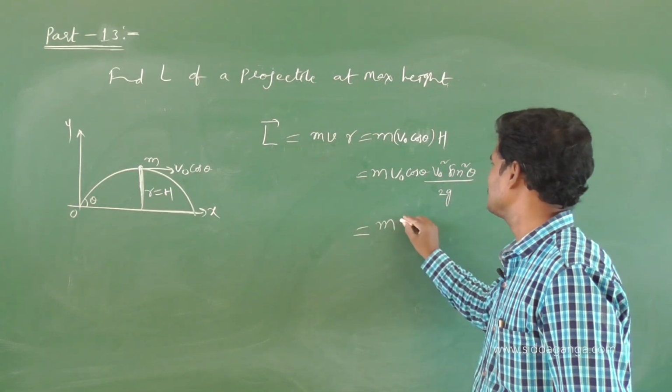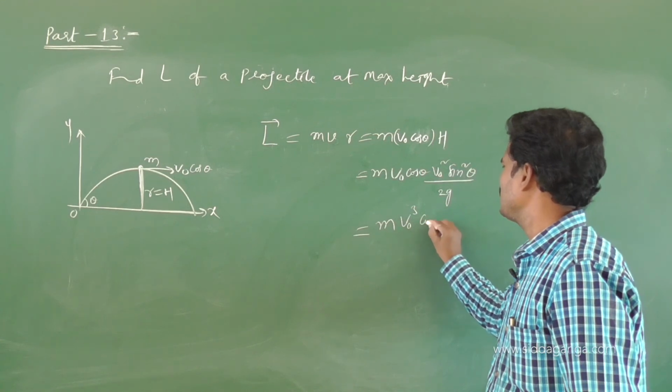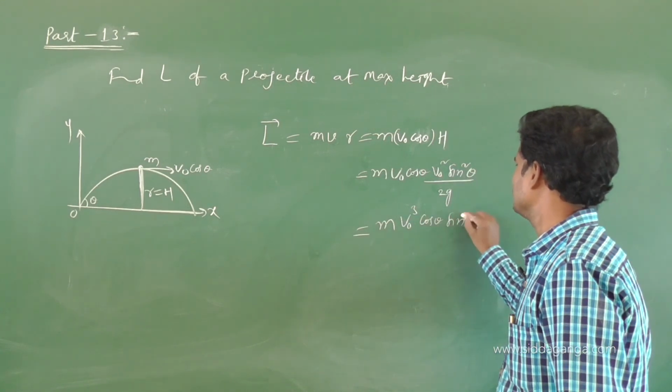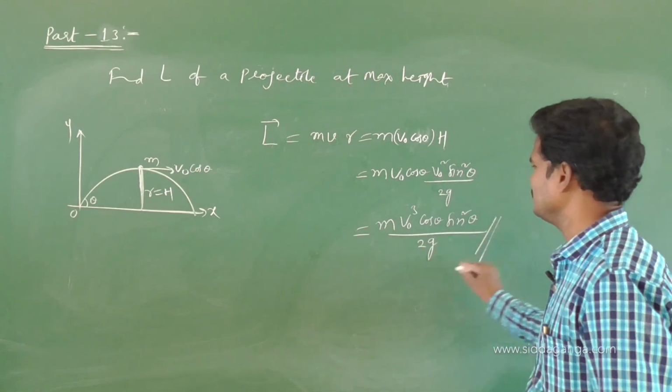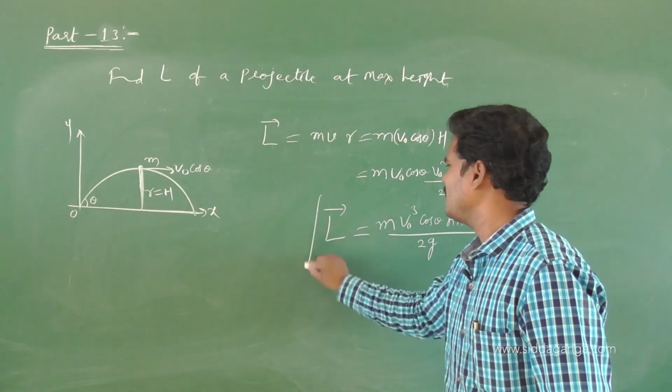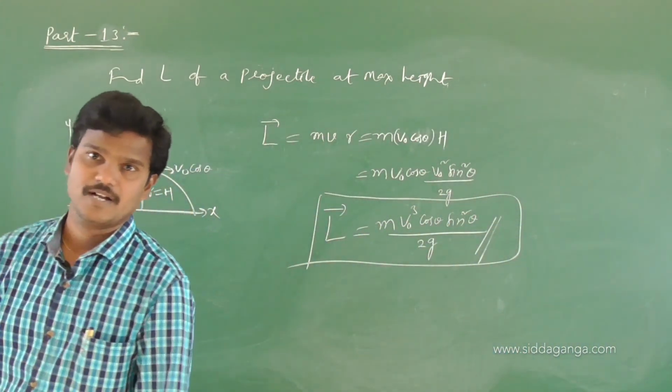Then the answer is m v naught cube cos theta sin square theta by 2g. This is the angular momentum of a particle at the maximum height of a projectile.